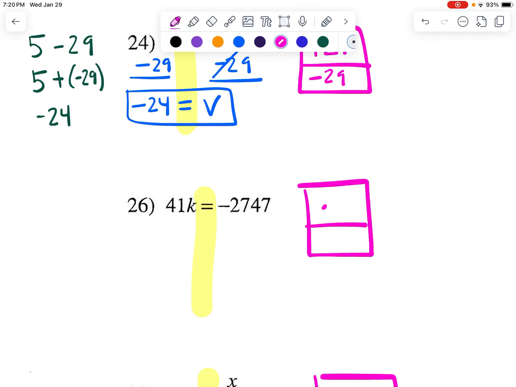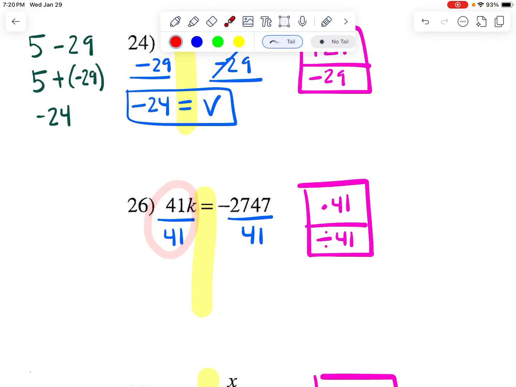Alrighty, so V is being multiplied by 41, so we need to divide by 41. So fraction bar, 41 on both sides. 41 divided by 41, that's how you get your positive 1K. I know that a negative divided by a positive is a negative.